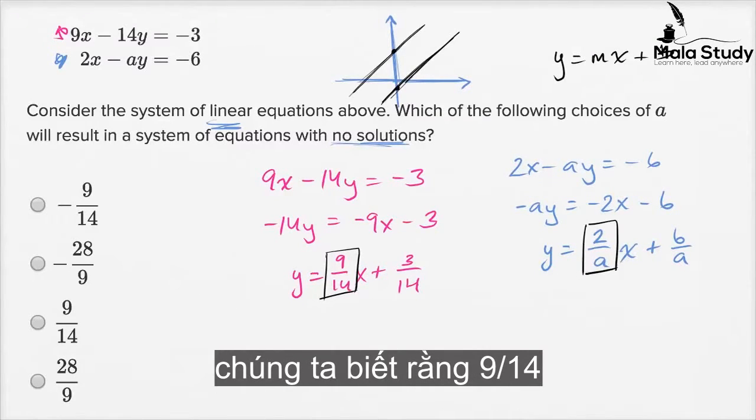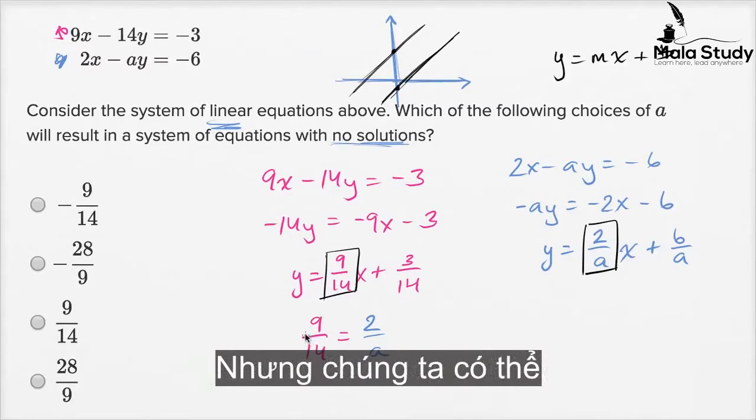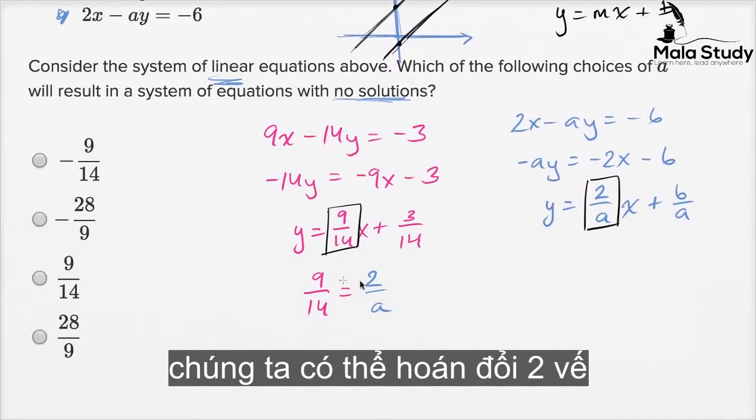But let's solve for a. So we know that 9 over 14 needs to be equal to 2 over a. Sometimes people say cross multiplying and all of that, but I like to just do logical algebraic operations. We can take the reciprocal of both sides, and let me swap both sides.